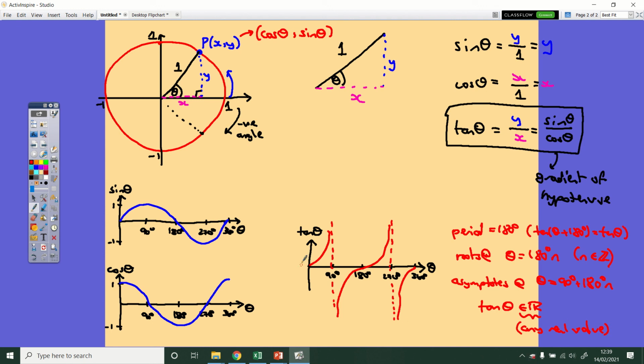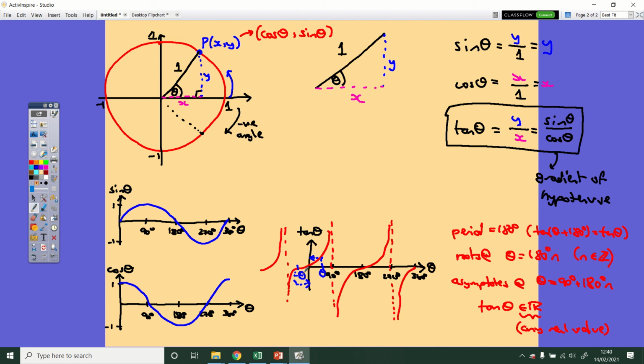Then when it comes to reflecting from positive to negative for our angle, we should think about what happens when we go backwards. So it's going to be something like this. And then if I take a positive angle theta and I reflect it over to negative theta, then just like when we had for sine theta, the values of tan are going to be opposite sign to each other. So that value there for tan of theta is going to turn out to be the negative of what it is for minus theta.